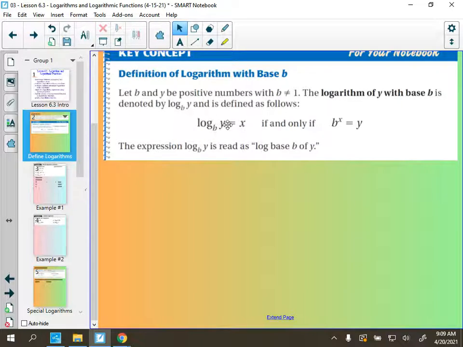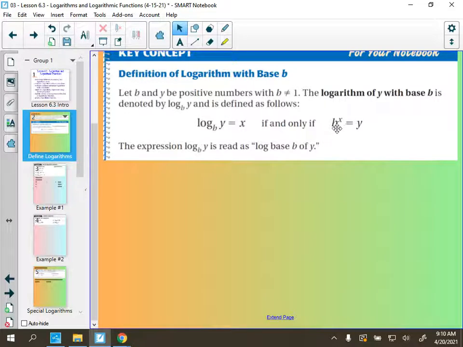So if I was just going from this form, I would say it like this: b, cross it over to the x power equals y. Going from logarithmic form to exponential form, that's how my mind would process it. I would say the base of my log, cross over the equal sign to this power, and then back over equals y.